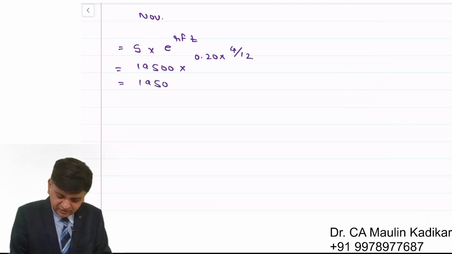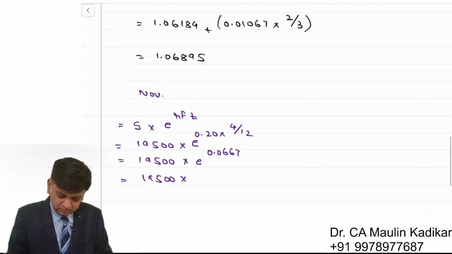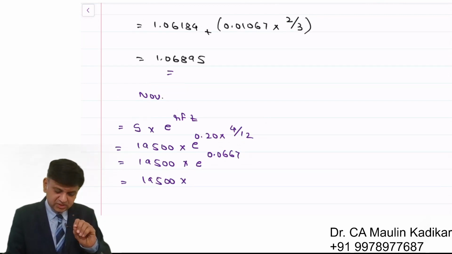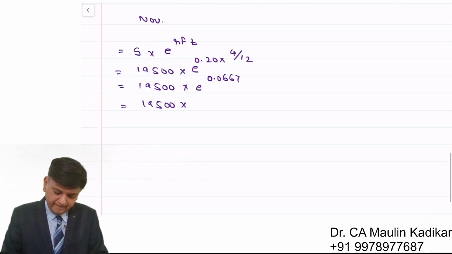So 19,500 into e raised to 0.0667, so it is 1.06895.